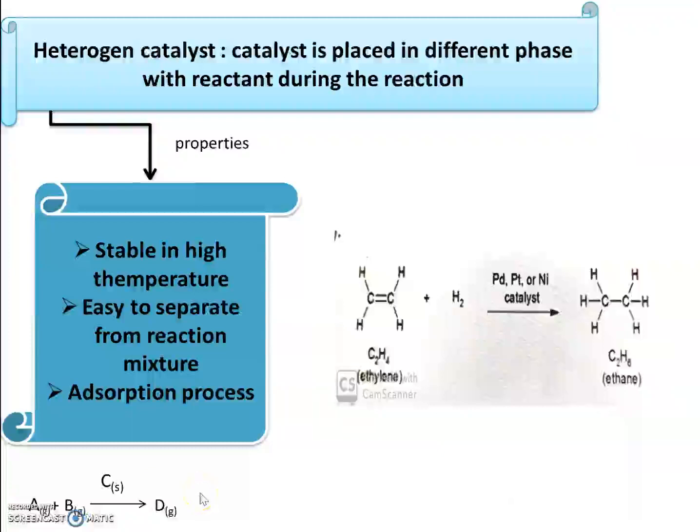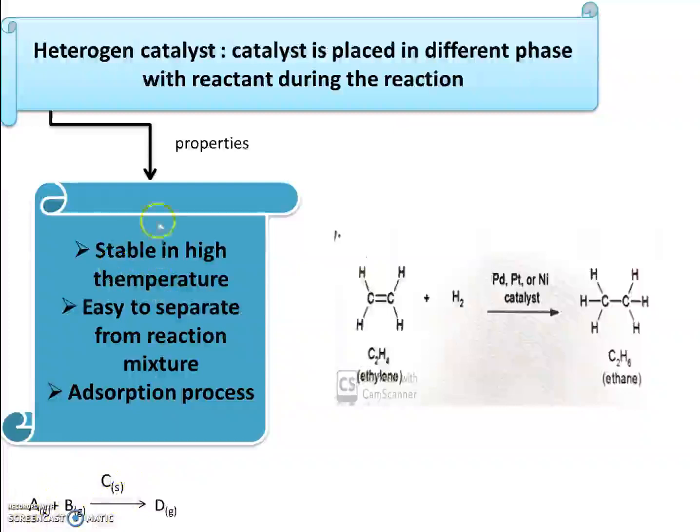This is about the second catalyst, heterogen catalyst. It is placed in a different phase from the reactant during the reaction. So it means that the phase is different: if the catalyst is in the form of solid, the reactant is in the form of gas or liquid.